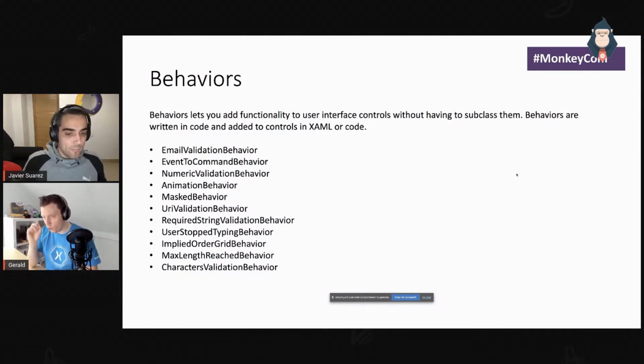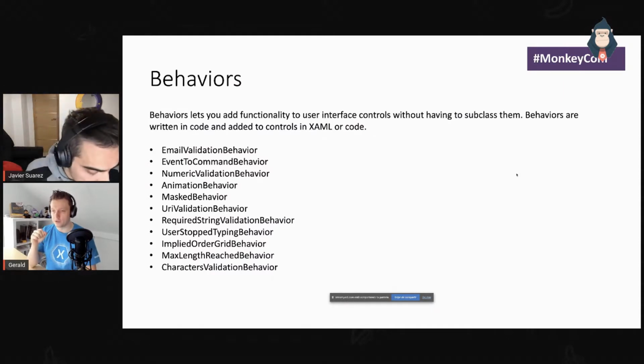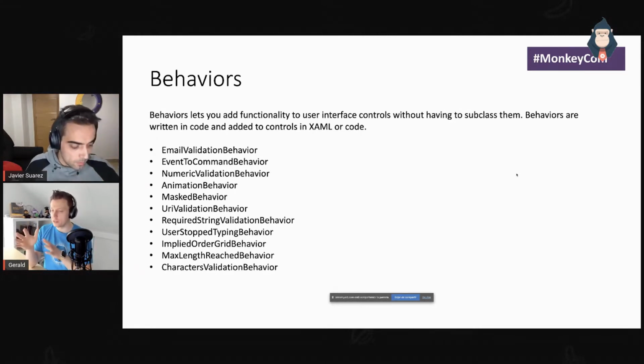We already have a good number of behaviors in here, like shown on the screen right now. So we have email validation. We have event to command. Not everyone agrees with that being in here, but we have it because a lot of people are asking for it, and we can set our own course because it's a community toolkit. So if you have that request and people agree with that, then who are we to not do that, right?